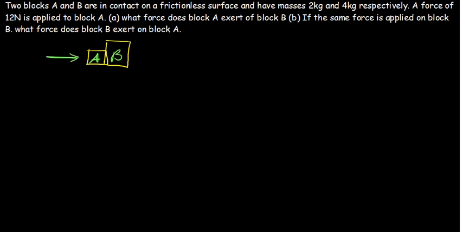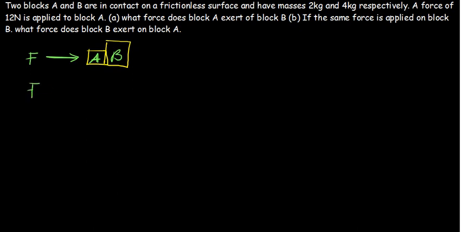Before finding the force that block A is going to exert onto block B, we first need to find the acceleration of these two blocks, because when you apply a force, they are going to start moving. Force is given by mass multiplied by acceleration. The applied force here is the total, and that will be equal to the mass times acceleration.